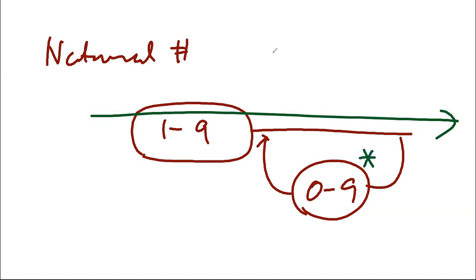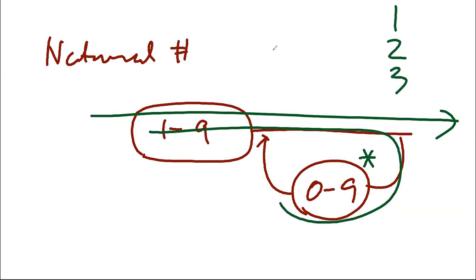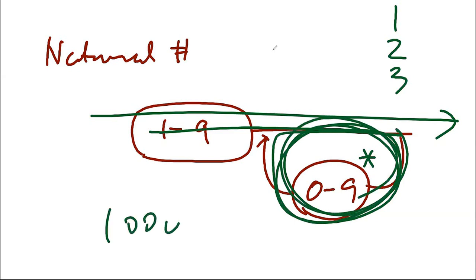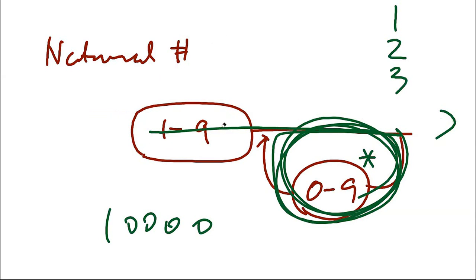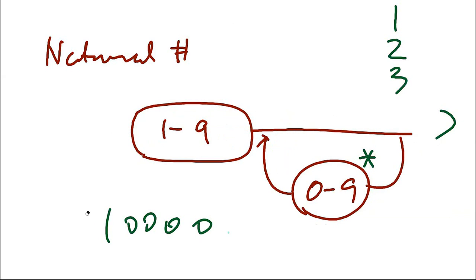That means you can have 1, 2, 3, and you can go back to here many times. So it can be 1, 0, 0, 0, 0, right? If you say this is a natural number, but you want to include 0, the grammar won't be like this. If you change your 1 to 0, say I include 0 to 9, this is actually wrong. If you write a grammar like this, it's actually wrong.